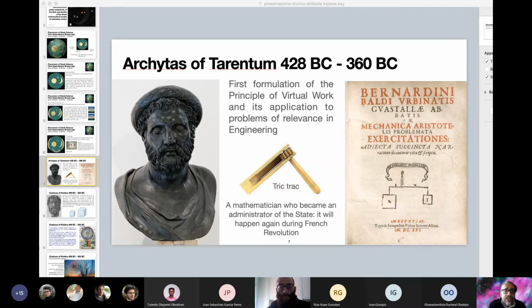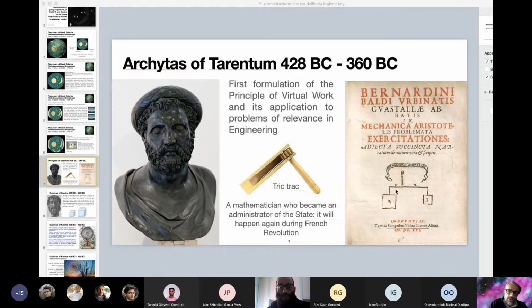On the other hand, we know via some Latin encyclopedias that Archytas had written a book about mechanical problems.